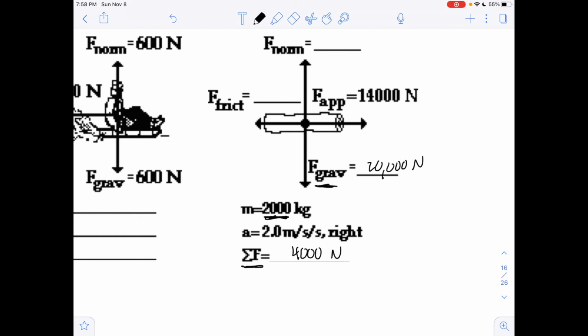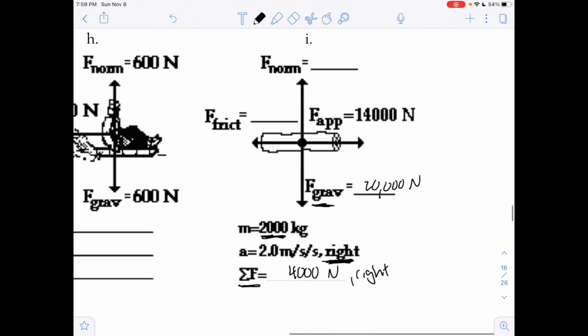We see that the net force and acceleration are to the right, which means that the vertical forces must cancel out. And so that means that the normal force here, that's what F norm stands for, that must be also 20,000 newtons.